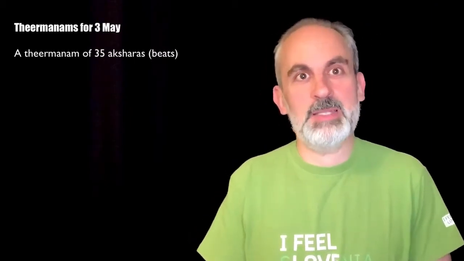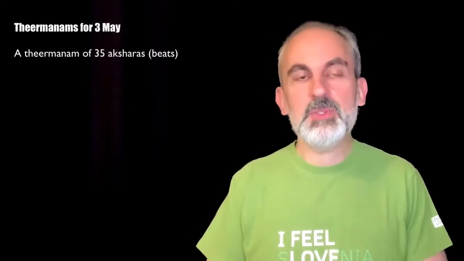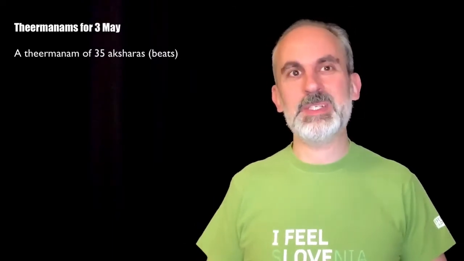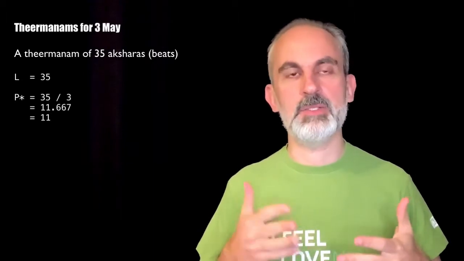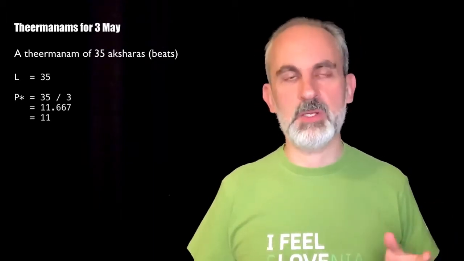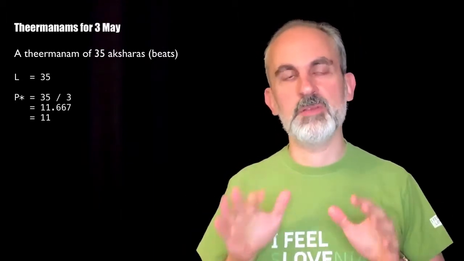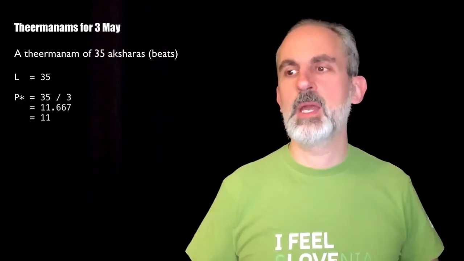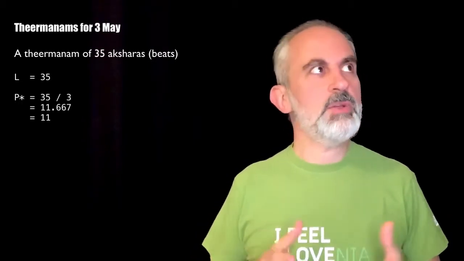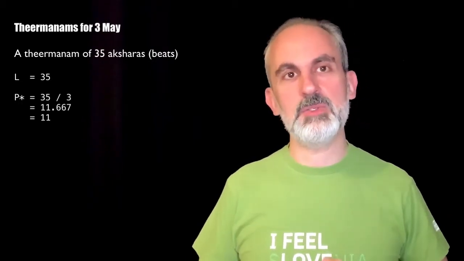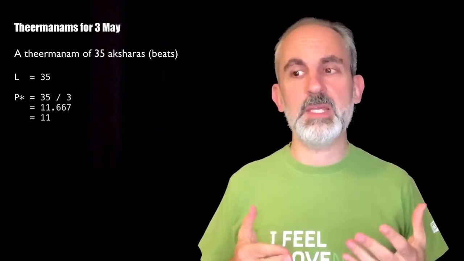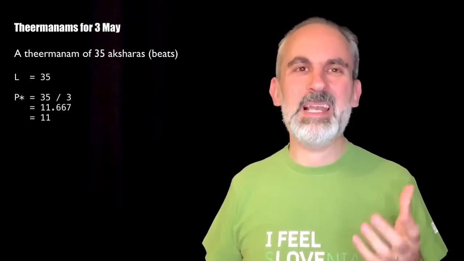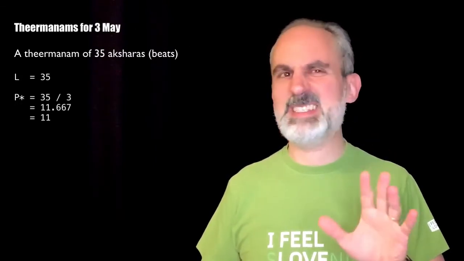So how do we do it? What we have to do is first establish the length of the phrases, what we called P1, P2, and P3, but we can just call them P because the values of all the phrases are going to be equal. What did I tell you? You need to divide 35 by 3, and what you get is 11.66666.